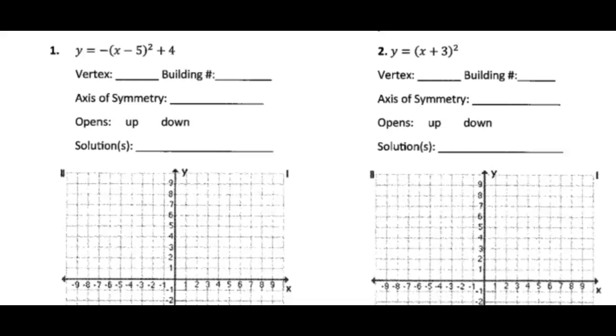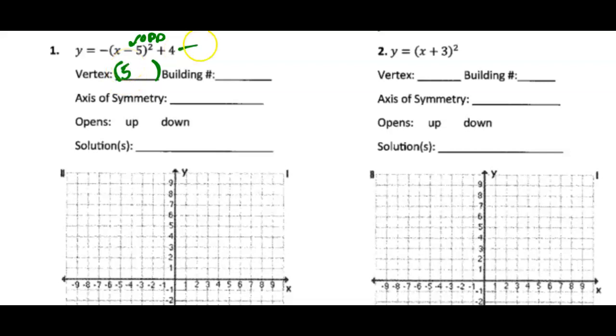Okay? So when I am finding my vertex, I need to take the opposite of this. So the opposite of x minus 5, or negative 5, would be 5.